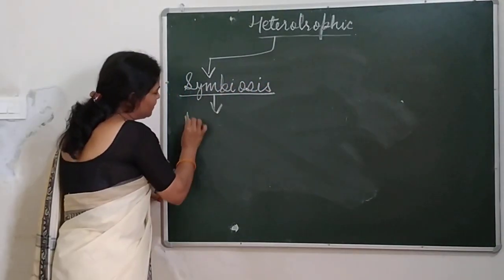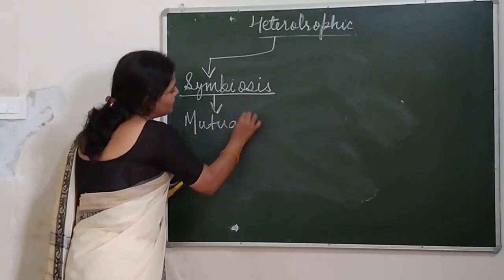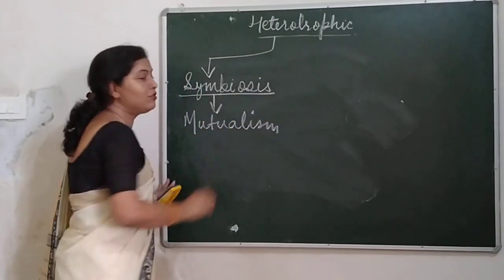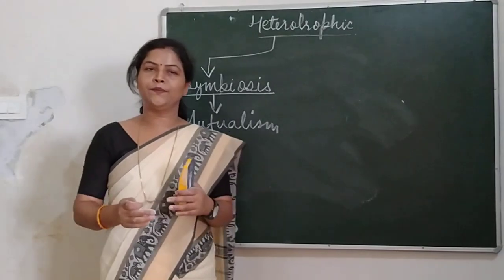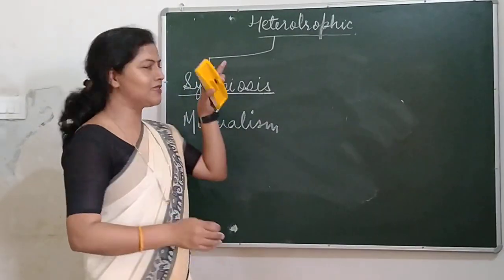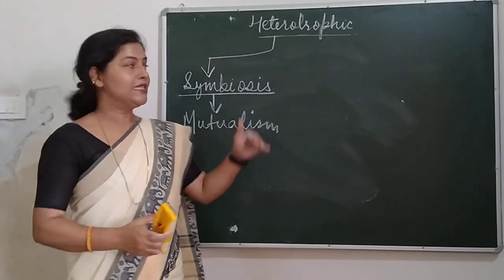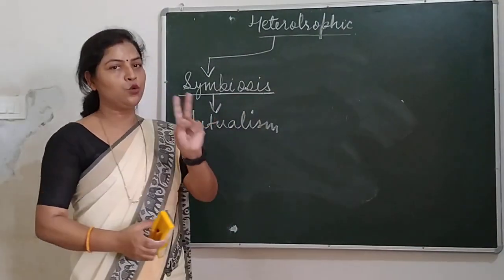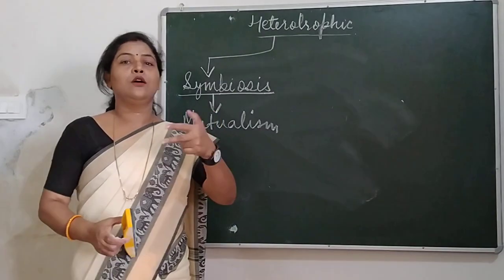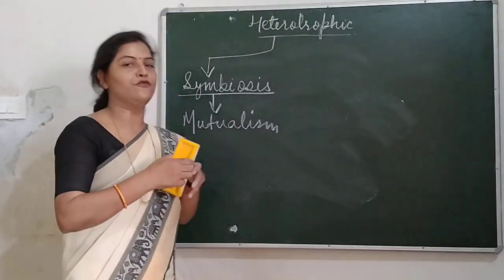You know symbiosis means what? It means mutualism, mutual understanding. Because this symbiosis is done with two different types of species. In such a mode of nutrition, two different species of organisms are involved.